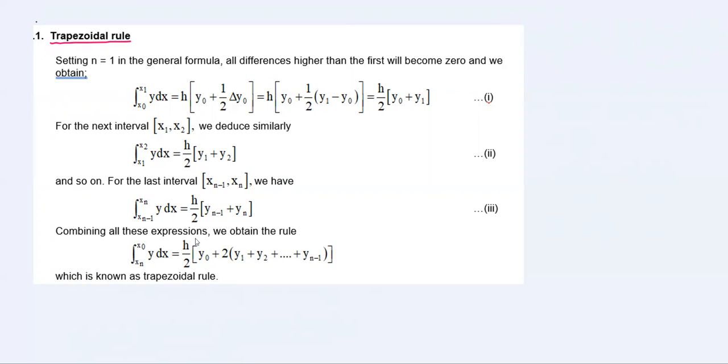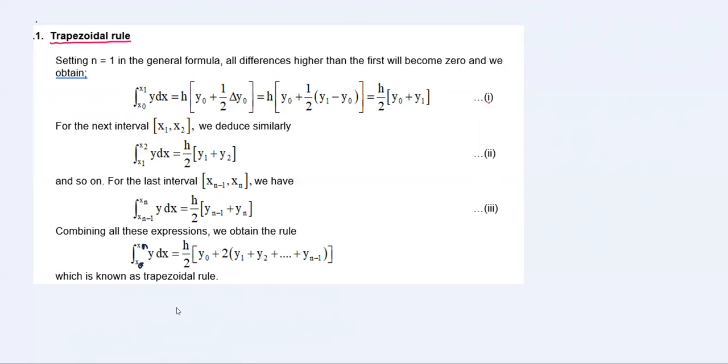So combining all these expressions, this is wrong, this should be 0 to n. So 0 to n will be x0 to x1, x1 to x2, x2 to x3, and so on up to xn minus 1 to xn.